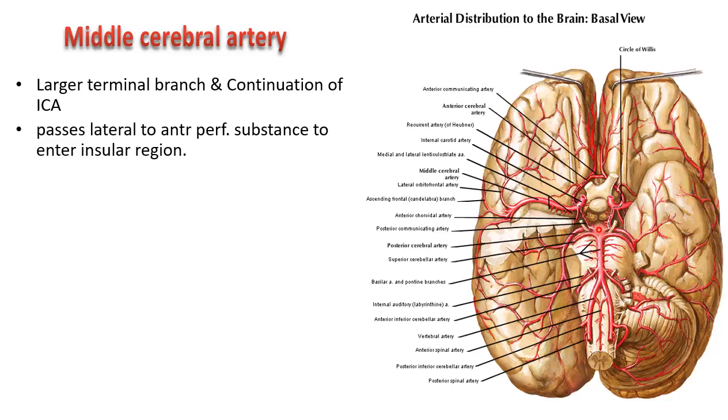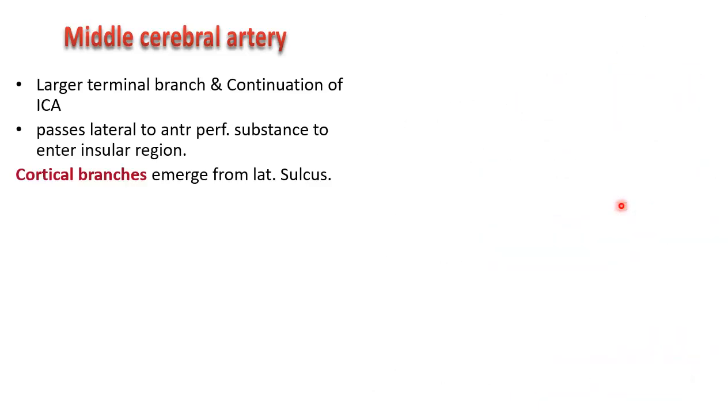We discussed the posterior perforated substance in the interpeduncular fossa, in the midbrain lecture, where we discussed the boundaries of the interpeduncular fossa. The posterior perforated substance is present between the two cerebral peduncles. Coming to the cortical branches, they mainly emerge from the lateral sulcus. As the artery passes through the lateral sulcus, it spreads to give the cortical branches.